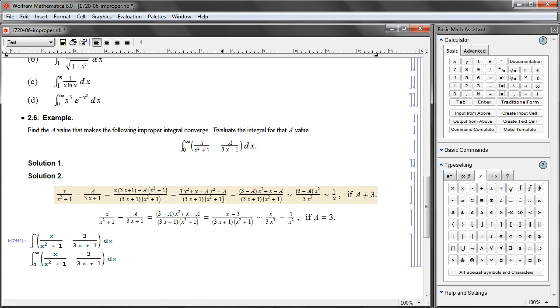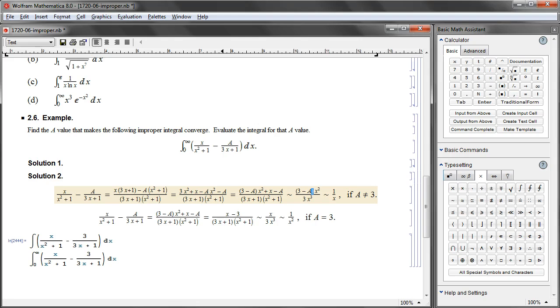Then the coefficient of the highest order term of the numerator turns out to be 3 minus a, and the denominator has growth order x to the third power. So in terms of asymptotic estimation, we have (3 minus a) x squared over 3x cubed.